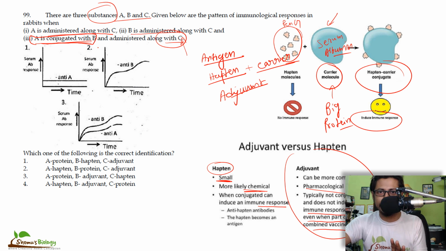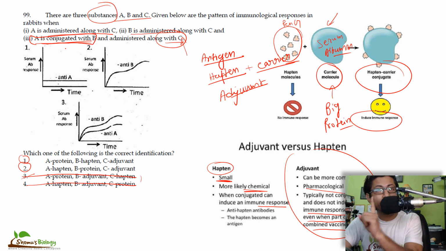C is definitely adjuvant. So from statement 3 you can clearly get that, because A and B are working as a conjugate. Once you know C is adjuvant, options 3 and 4 will not be the right option, because both these options say other things. So now options 1 and 2 are left.